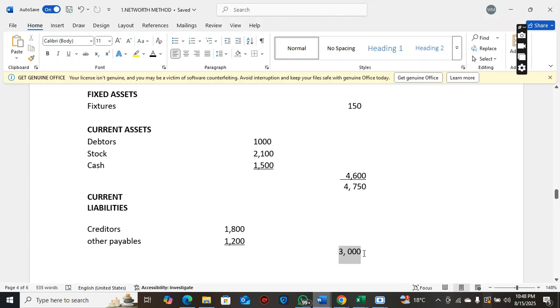So 4,750 minus 3,000, 1,750. So our closing capital is 1,750. So that's that for the statement of affairs.